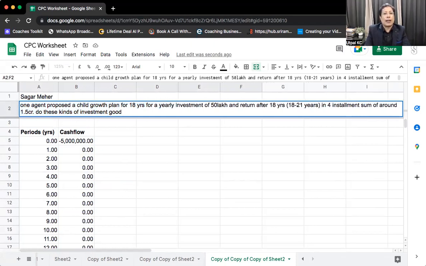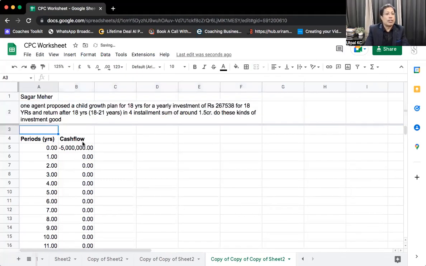Yearly investment of rupees 267,538, for 18 years. Okay, so minus 267,538 for 18 years.